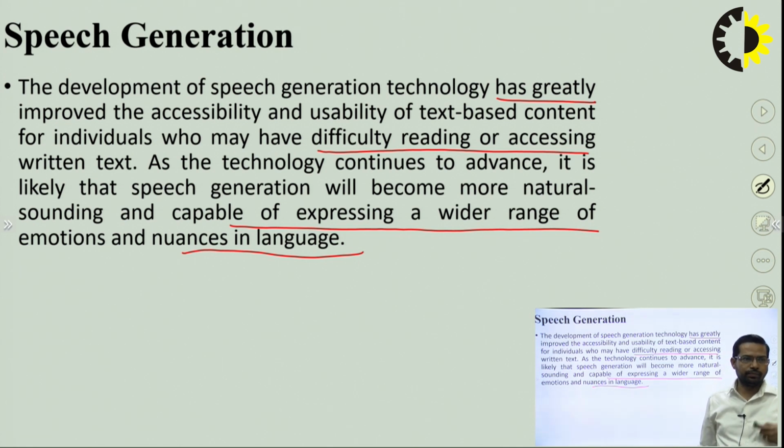Basically the speech generation is used for the person who cannot speak, who has visual impairments and cannot speak, then we can use these speech generation tools, and we can easily communicate with the other person.